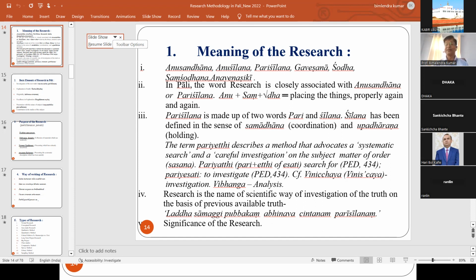Again, there is another term which is called gavesana. Gavesana means searching again. If you go through the term gavesana, this is the searching of the cows. During the time of the Vedas or the Vedic period, there were so many cows and they were left in the agriculture field, and they were searched for.